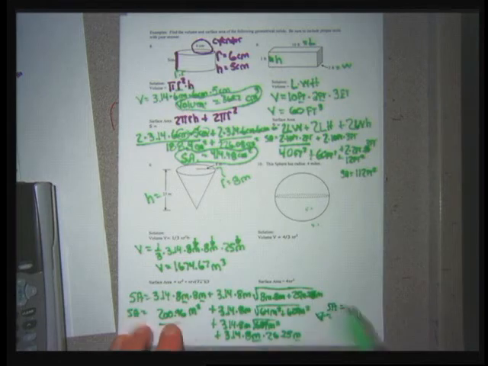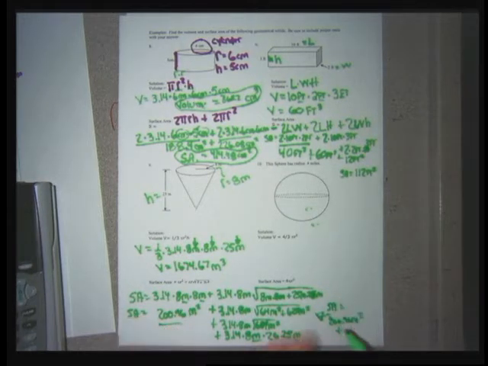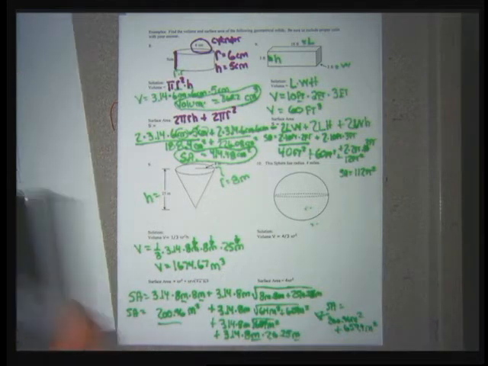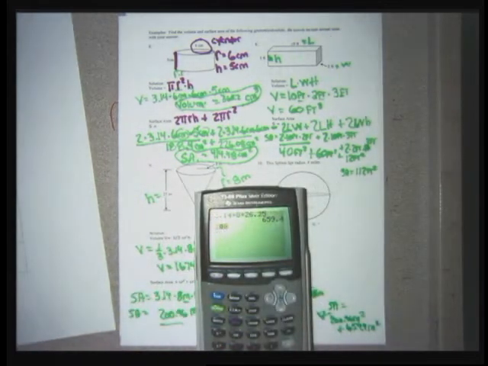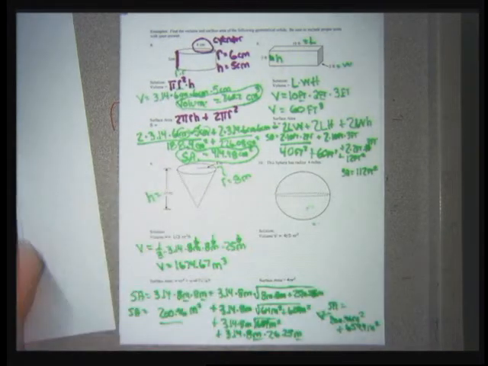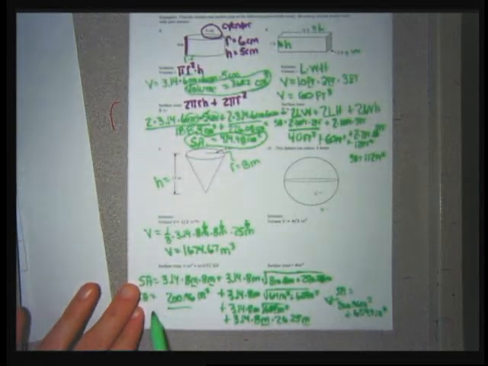So the surface area of this is going to be this 200.96 square meters plus what this came out to be, 659.4 square meters. When I add those two amounts together, the 200.96 square meters plus the 659.4 square meters, I get 860.36 square meters, and that's going to be the surface area of the cone.